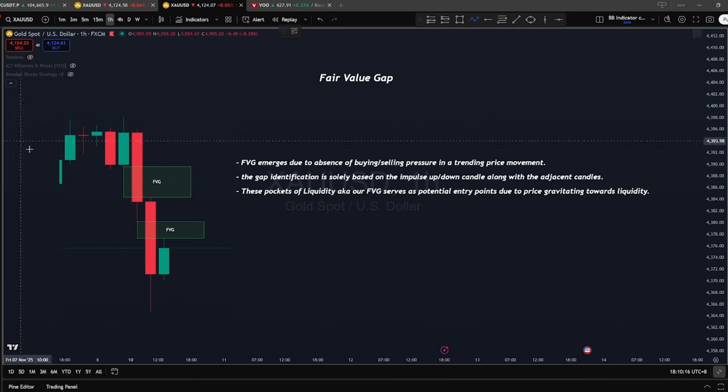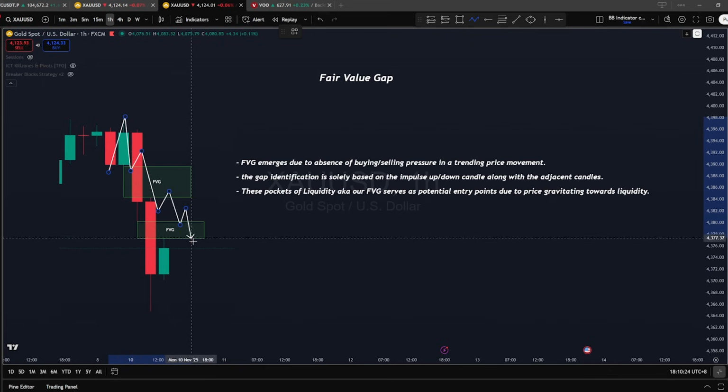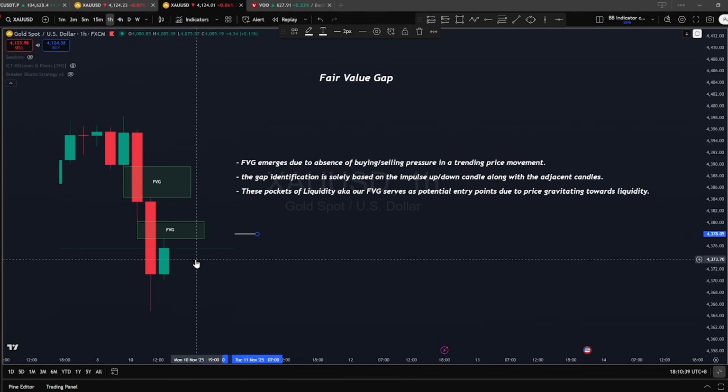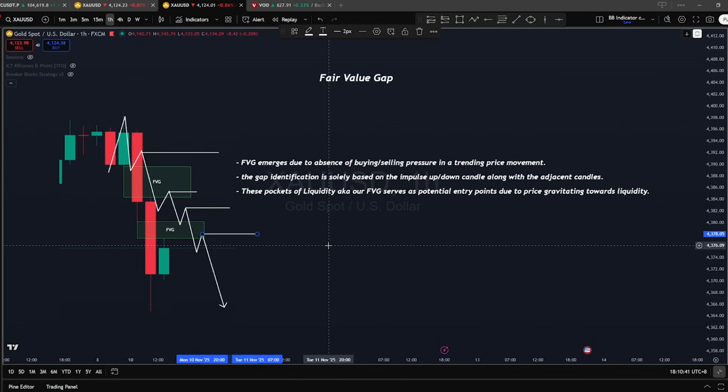And in this same scenario, guess what? Price is going to create moves like this. And all these areas here are where there's going to be liquidity sitting. Hence your fair value gaps.